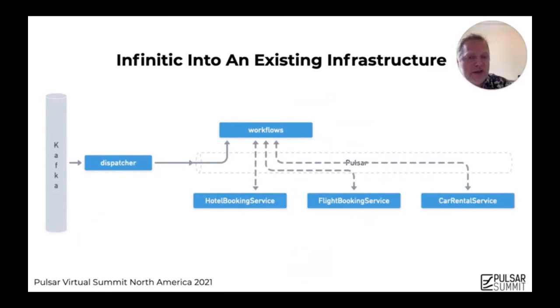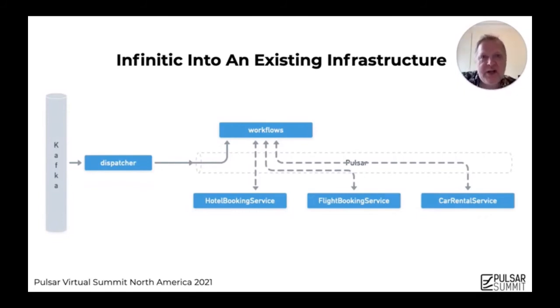Typically we start the workflow with a tag, again, the user ID or the order ID, based on the properties of the event. And for some other events, you will send the event to running workflows, again, based on the tag that you can find in the event, such as order ID or user ID.